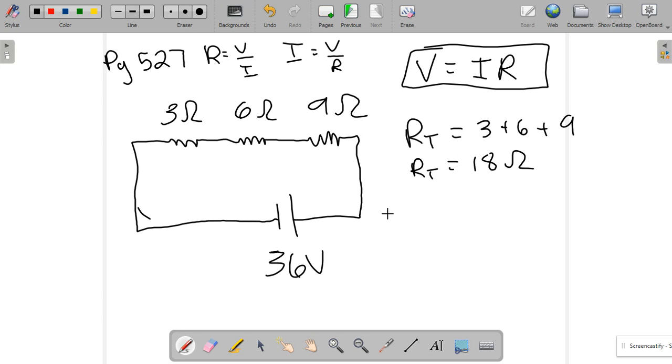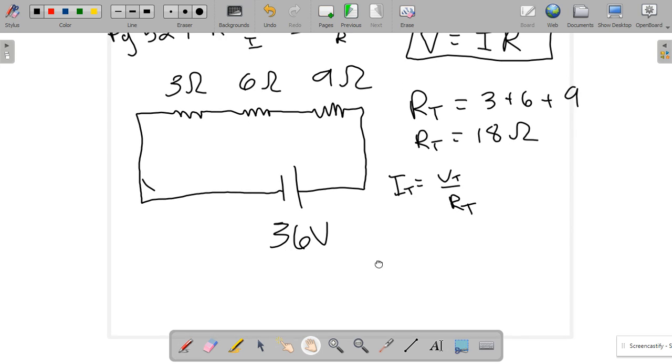So I'm going to take the one that says I equals V over R, and I'm going to say IT. Now, what does IT stand for? It stands for total current. VT. So if I put a T here, I'm going to put a T with everything else. That's one of the rules. If you write that formula down and you put a subscript, I want to see that same subscript for each thing.